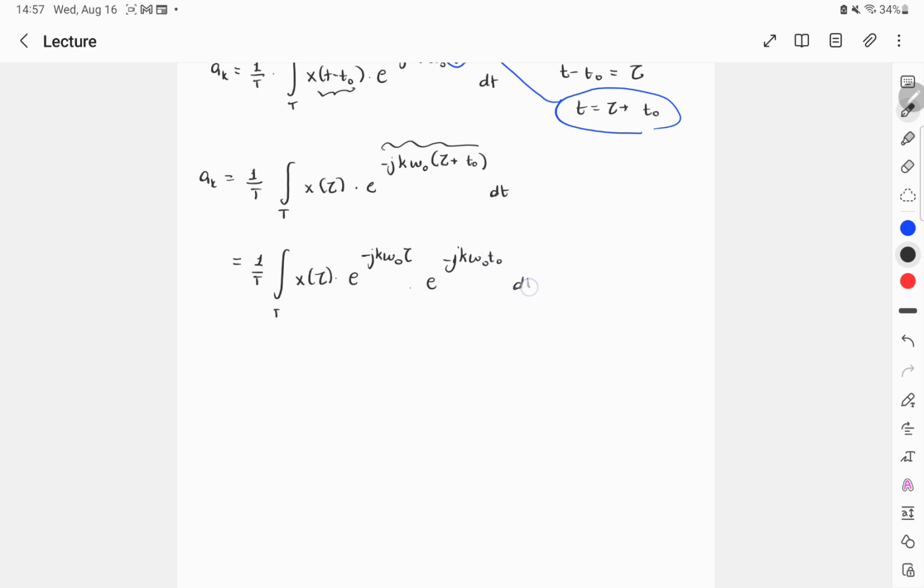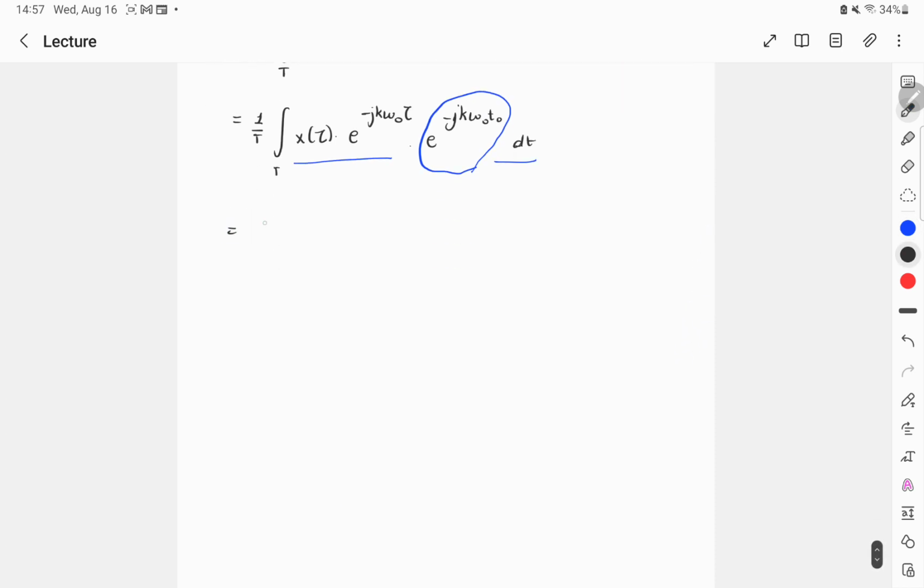Like this, dt. And as we can see here, if we only see this part, it is exactly the same as a_k, so we can basically put this one out in front of the integral and see the results.